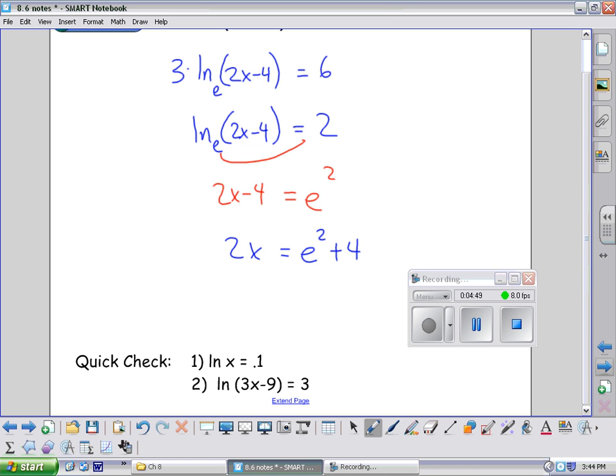That's 11.4, and x equals 11.4 divided by 2, which is 5.69.